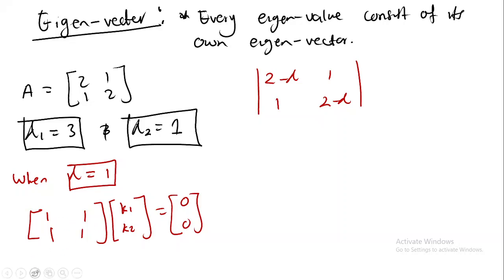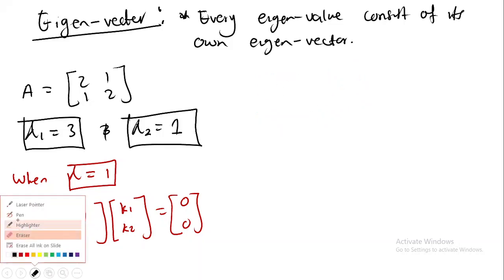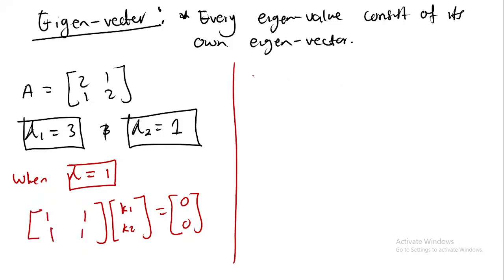We're actually trying to get our eigenvector here. So how will we get our eigenvectors? We're going to say k1 plus k2 is equals to 0, and then k1 is equals to negative k2.